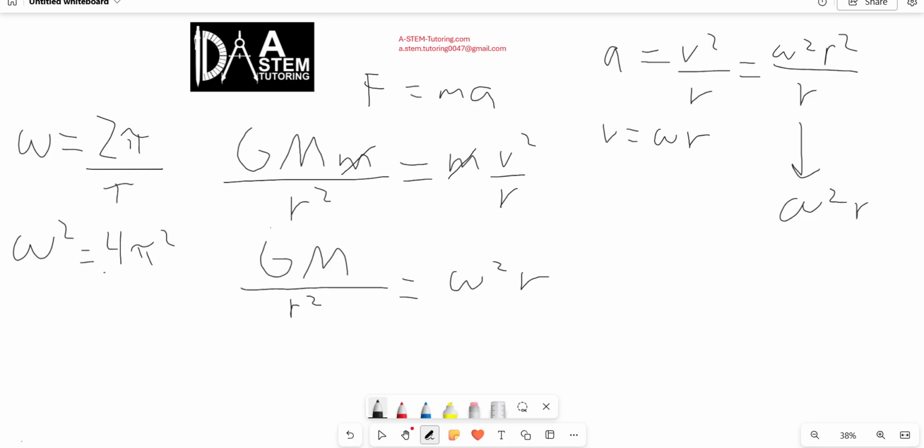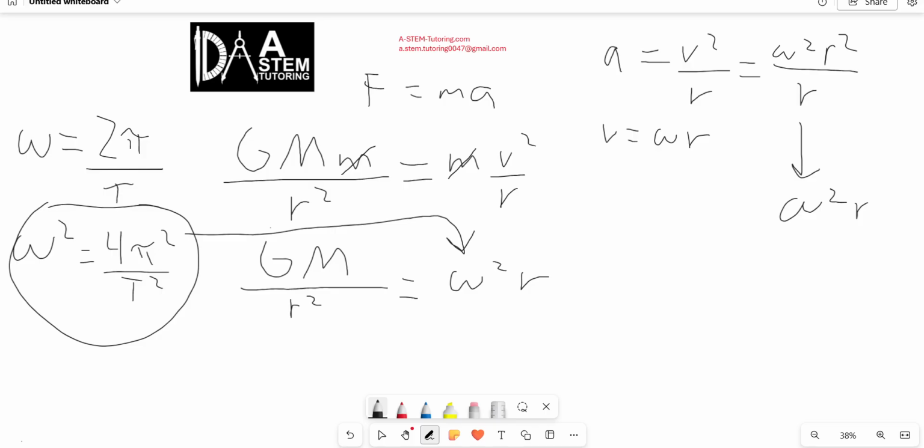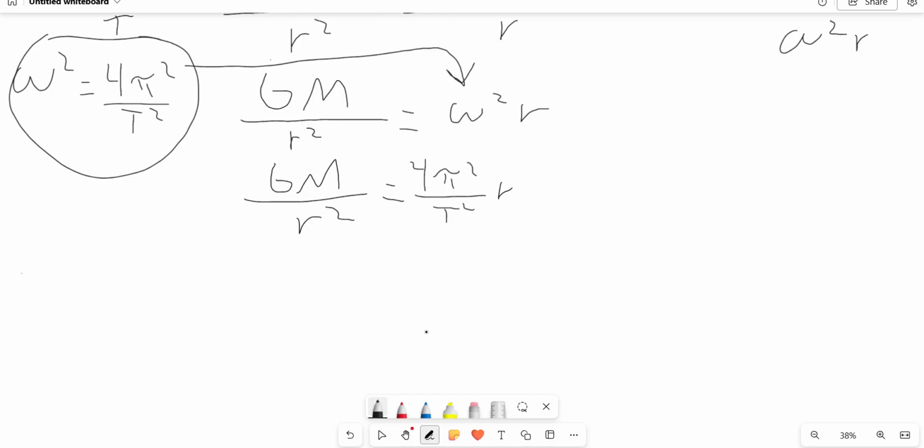We will substitute this in for omega squared over here, which yields GM over r squared equals 4 pi squared over T squared times r.